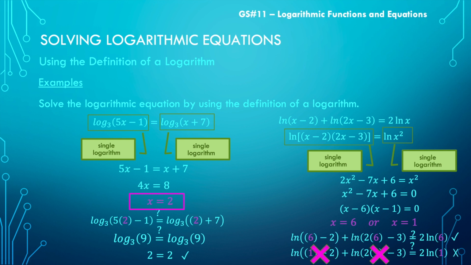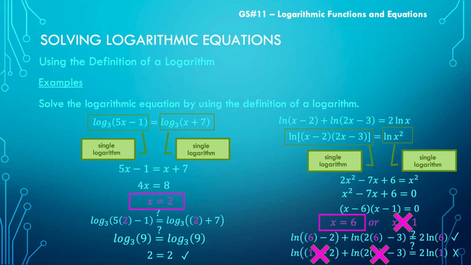And that is true for this second logarithm as well. What that means is x equals 1 is not really a solution. Only x equals 6 is a solution in this case. This is why it's really important to check your answers, because you can get answers through this process that don't actually satisfy the equation. We've got to check.